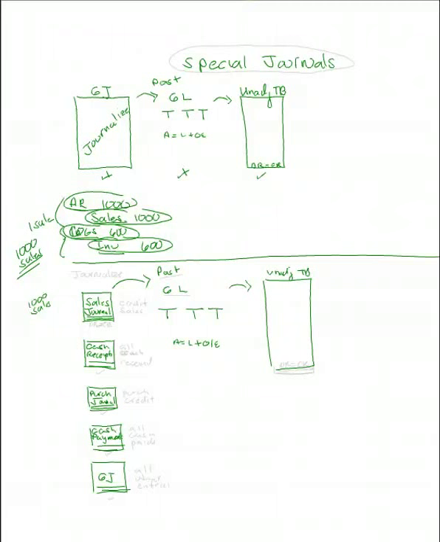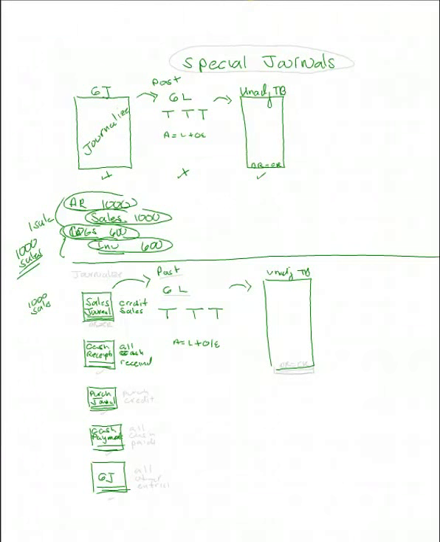The sales journal is for credit sales, and nothing else. The cash receipts journal is for all cash received, regardless of the source, including cash sales, credit sales collected, and all other cash received.